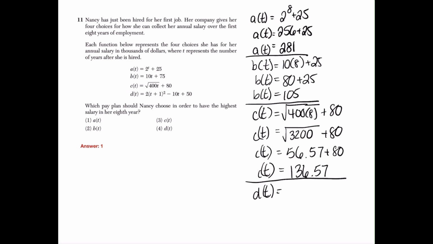And we'll do D of T. This one was a long one because it had that 2 times, and all I did was substitute the 8 in. 2 times 8 plus 1 squared minus 10 times 8 plus 50.